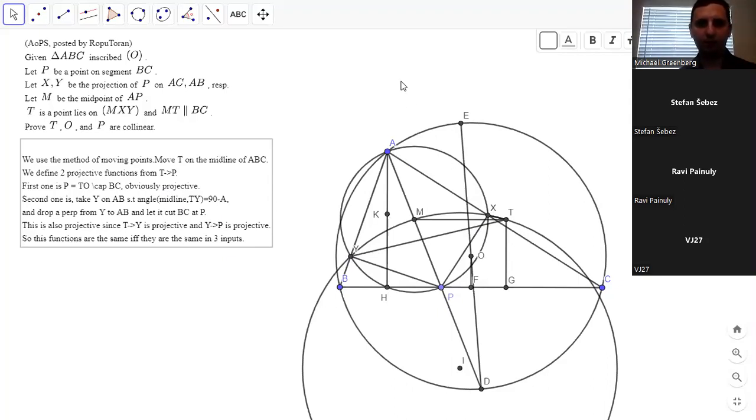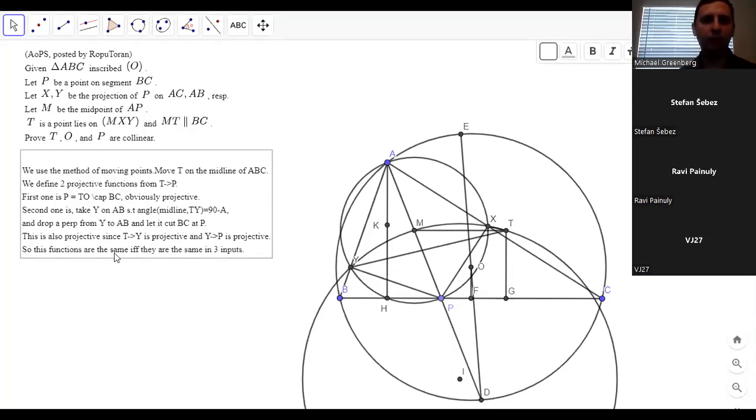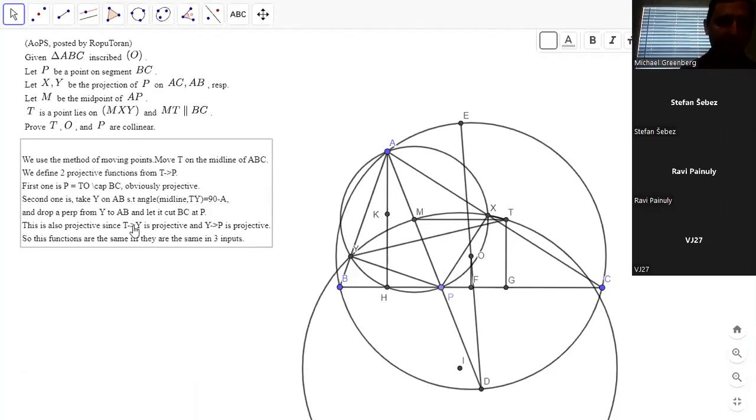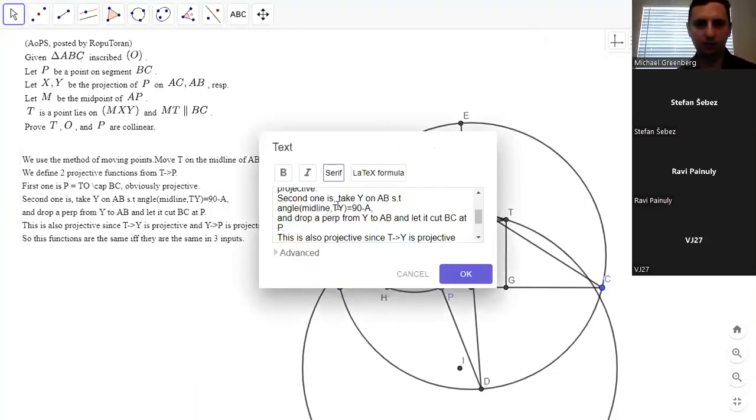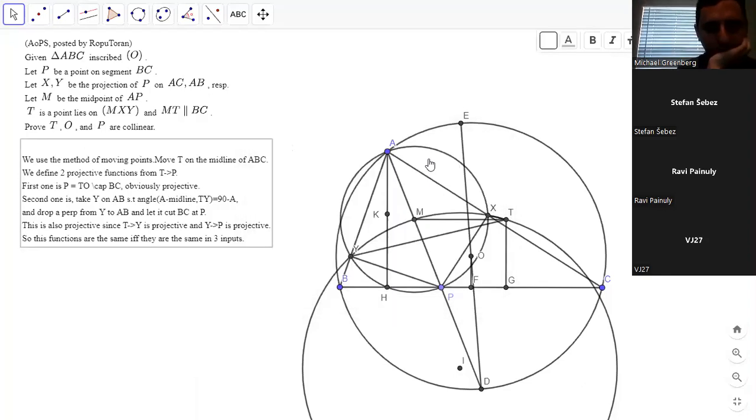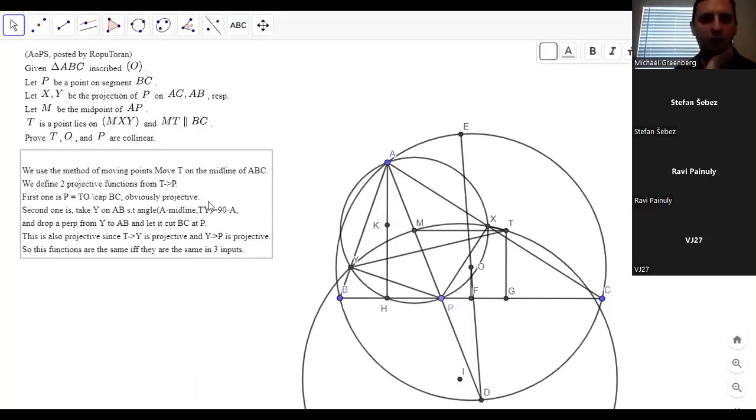Do you just mean the angle TY makes with the midline of ABC? Draw like that. Okay. It's angle MTY. Okay.